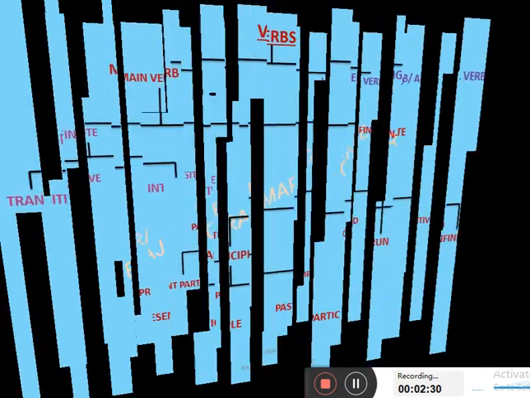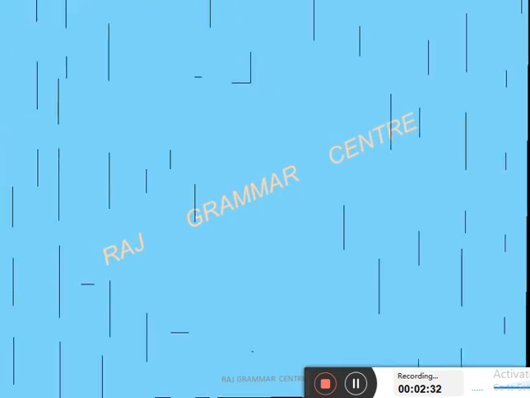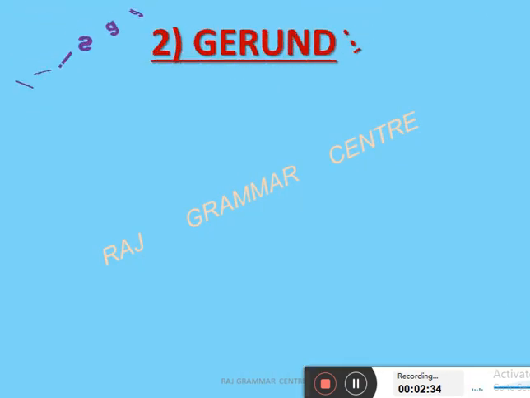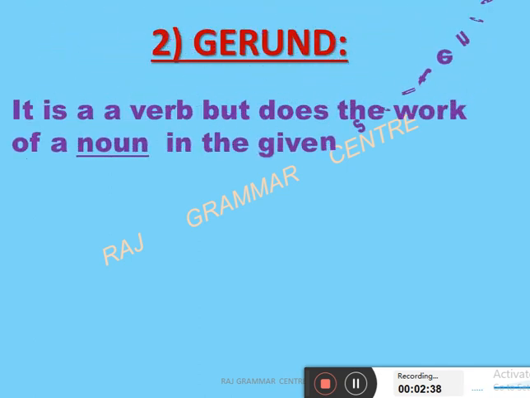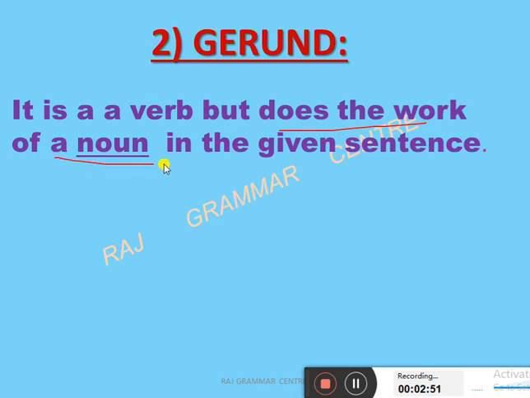Now see on the screen, what is meant by gerund. It is a verb but does the work of a noun in the given sentence. Very important point. It is a verb, like the previous one, but it does the work of a noun. The participle, what I taught you, does the work of an adjective.